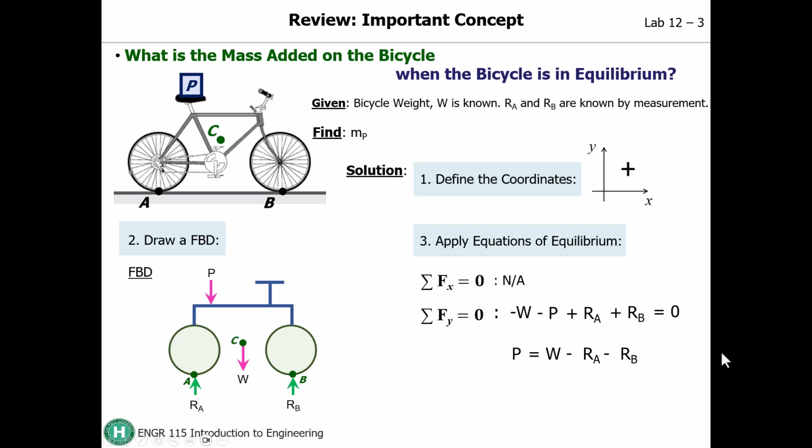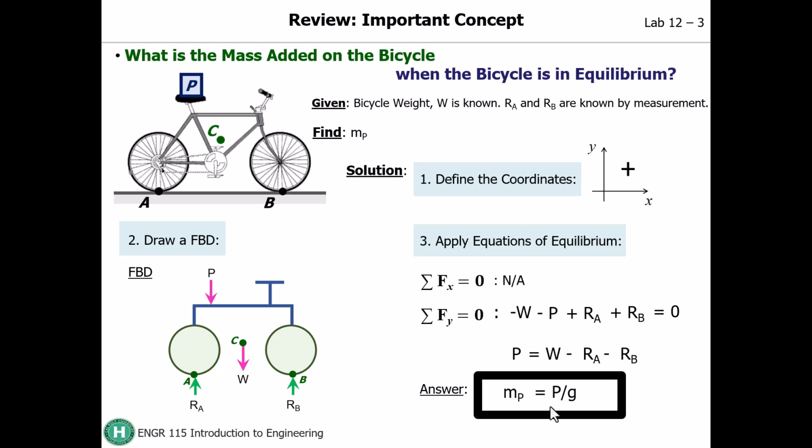We can find this P. But please note that we're finding the mass of P, not weight of P. Therefore, we will need to divide this P by the gravity for the mass of P value. And this will be our answer. And this will be your data analysis process after your measurement in this lab.